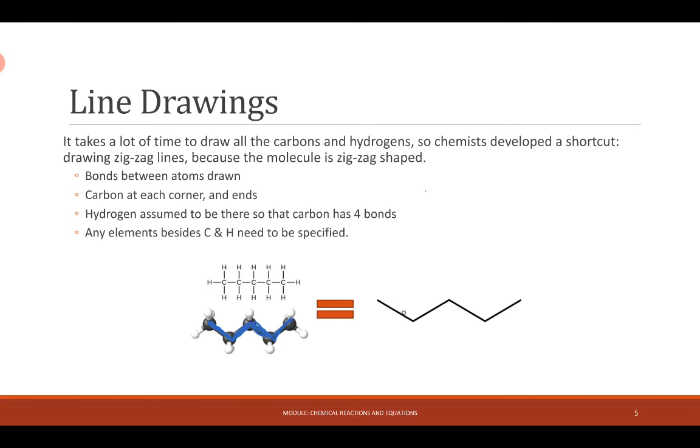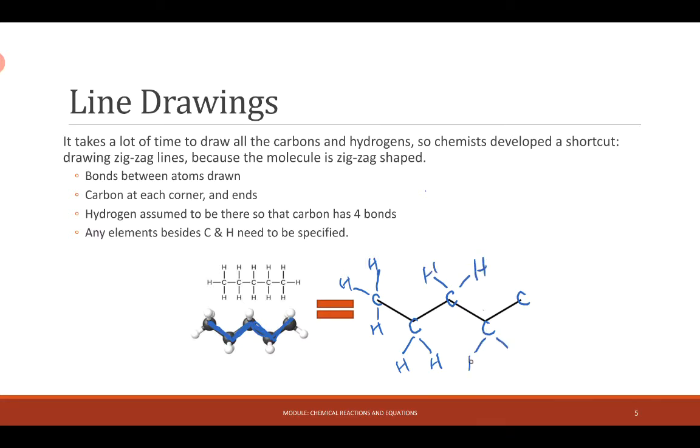And so we can shortcut drawing this molecule by only drawing the bonds between the carbon atoms. And so really this line structure here, there's a carbon at each intersection. Each time the line changes direction, there's a carbon. And at the ends, there's also a carbon. And then we know that carbon has 4 bonds total. Since this carbon already has 1 line coming off of it, it must have 3 hydrogens. Since this carbon has 2 lines coming out of it, it must have 2 hydrogens. That way it has 4 total.